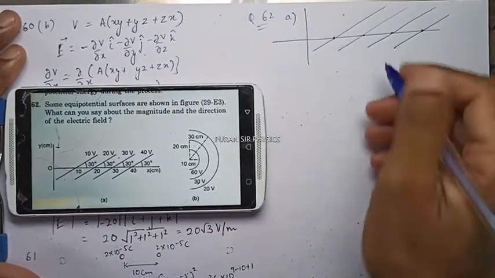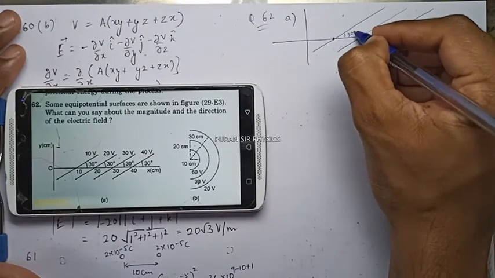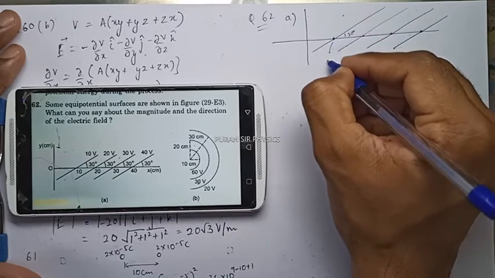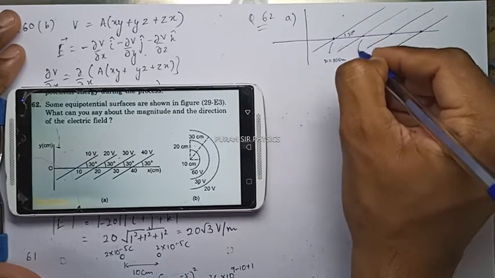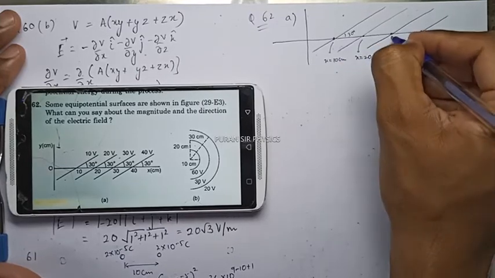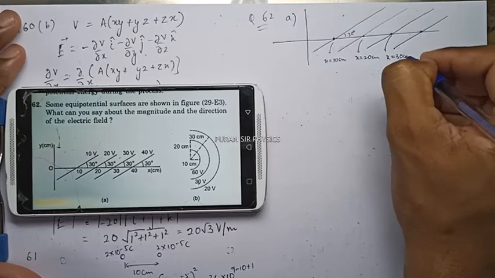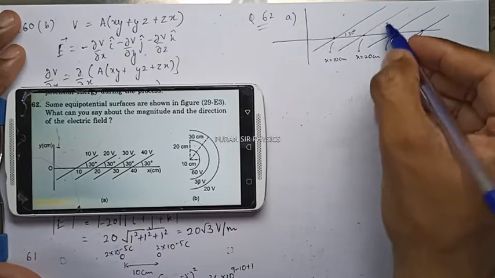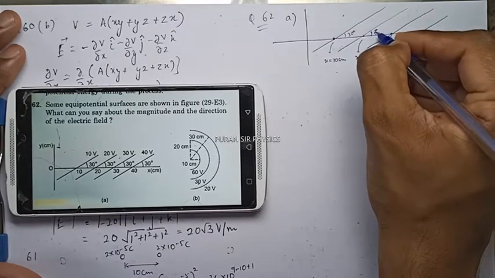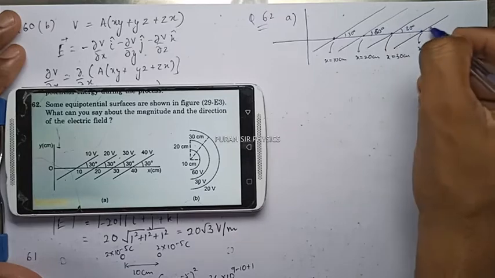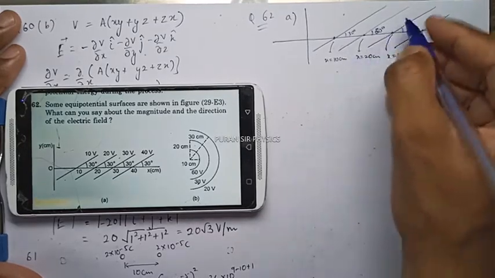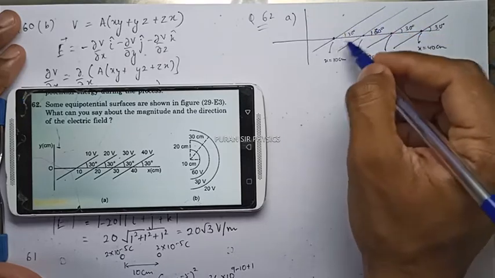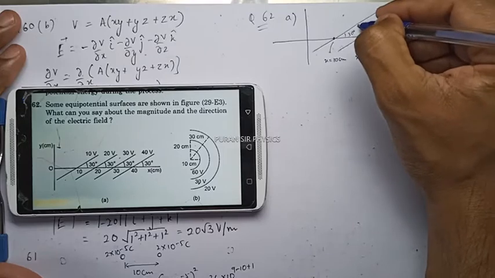Something like this, and this angle is 30 degree, and this is x equals to 10 centimeter, and this is x equals to 20 centimeter, and this is x equals to 30 centimeter, and this is x equals to 40 centimeter. All are parallel.